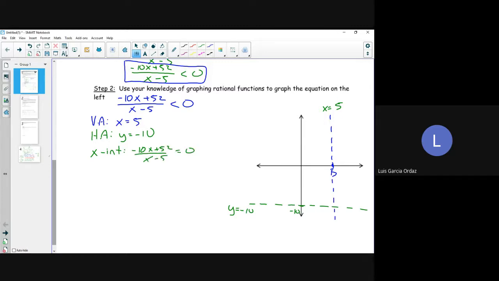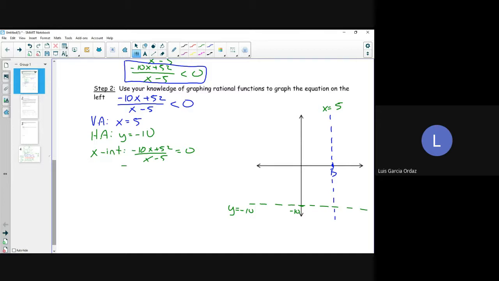We can cross multiply because we're finding the x-intercept, and that's the only reason we can cross multiply in this case.